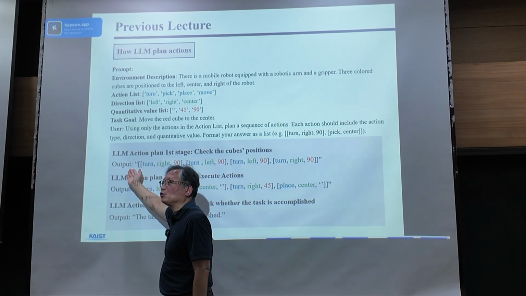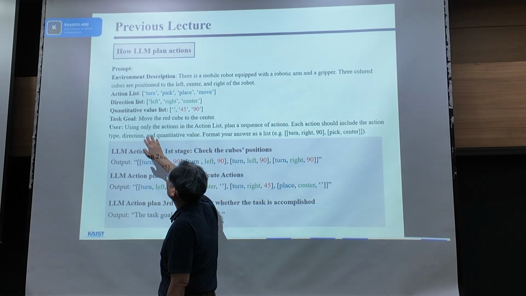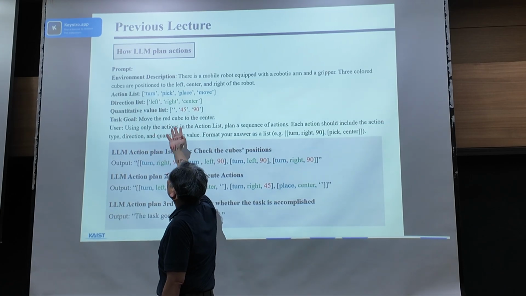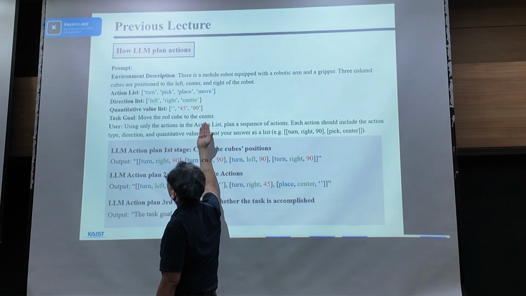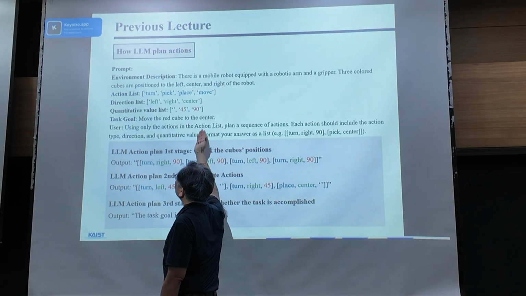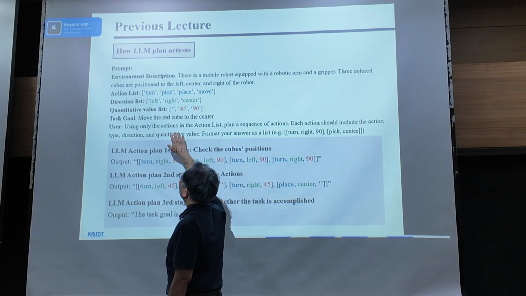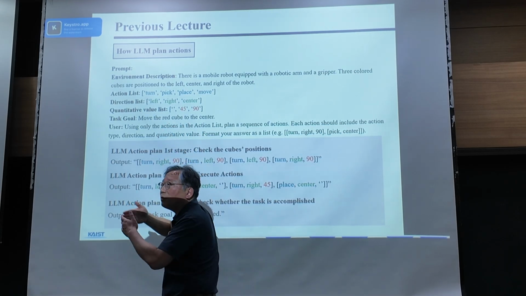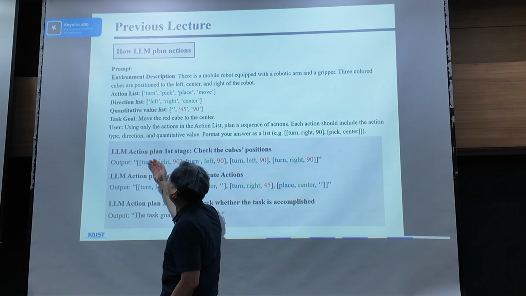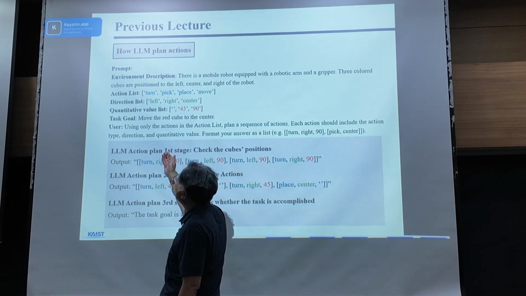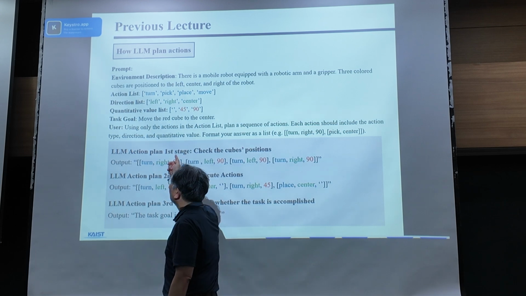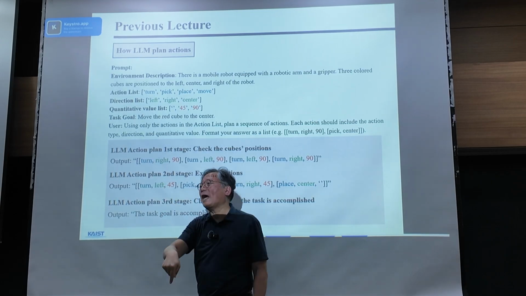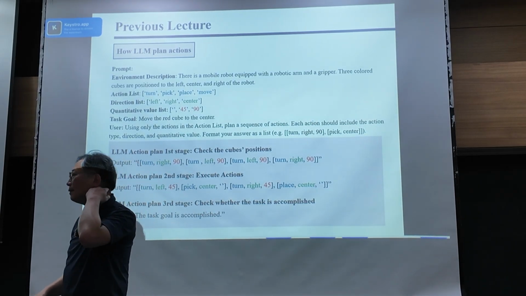How is this defined? The action list is turn, pick, place, and move; direction: left, right, center; and various values. You take various combinations of action, direction, and value, and this will be the action group. You would have that file in the robot.